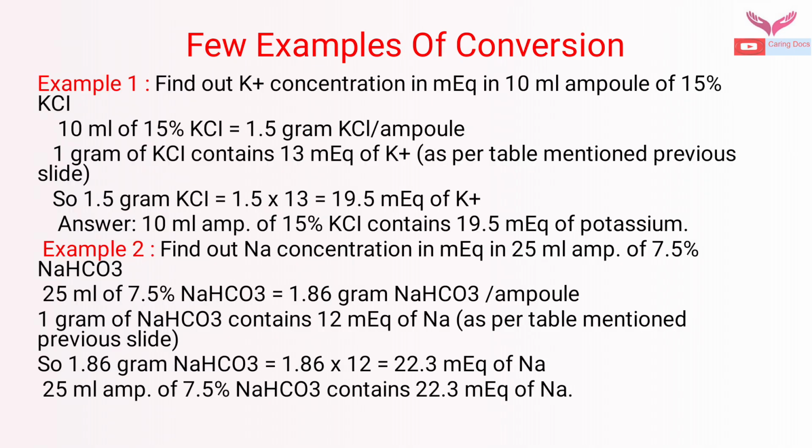Let us take a few examples of the conversion. If we have to find out the potassium concentration in milliequivalent in 10 ampules of 15% potassium chloride, then 10 ml of 15% potassium chloride is equal to 1.5 gram of potassium chloride per ampule. As we know, 1 gram of potassium chloride contains 13 milliequivalent of potassium.